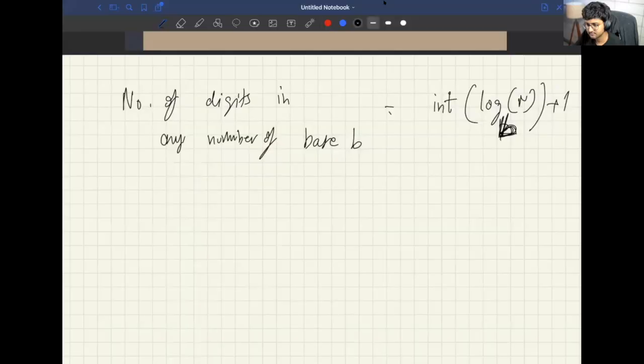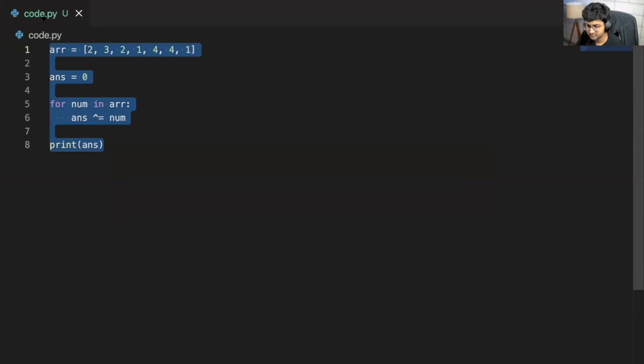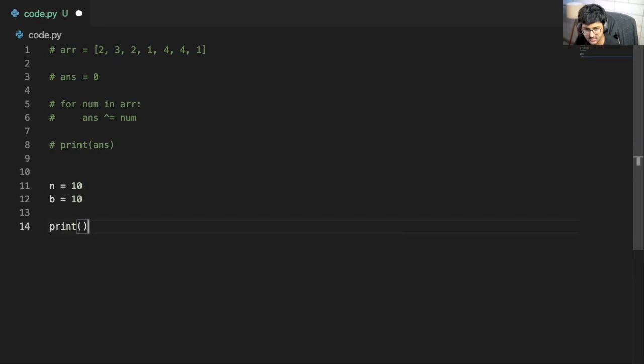So if I just share my screen and the code sample, okay, where is the code sample? So we're trying to find the number of bits. Let's say number is equal to 10, and let's say base b is binary.